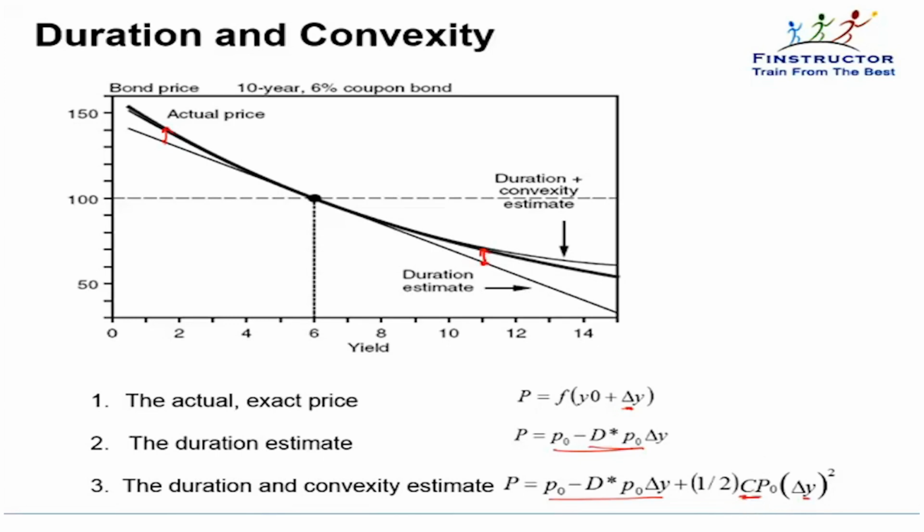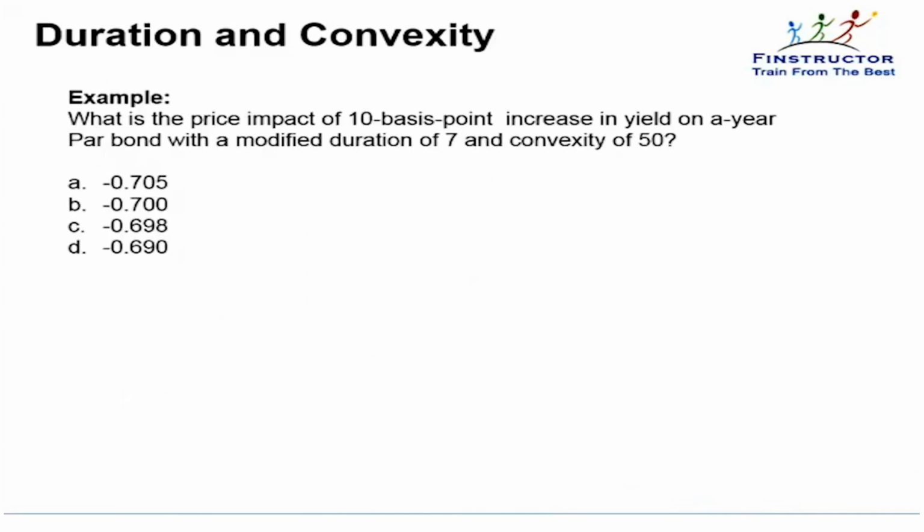So this will bring us closer to the actual price, but still may not get us to the exact actual price. That's the concept of duration and convexity. We will now see what duration and convexity depend on, and then try to solve a few more questions related to duration and convexity. Important concept, quite likely to be tested on the exam.